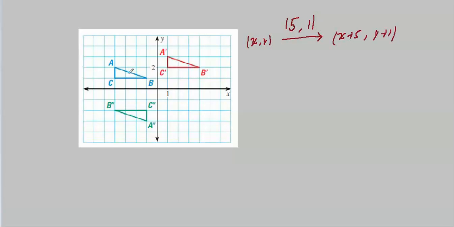If we look at it that way, our rotation becomes much simpler, I think. Let's take a look at A and A double prime. Yeah, going right through the origin is a straight line connecting A prime and A double prime.